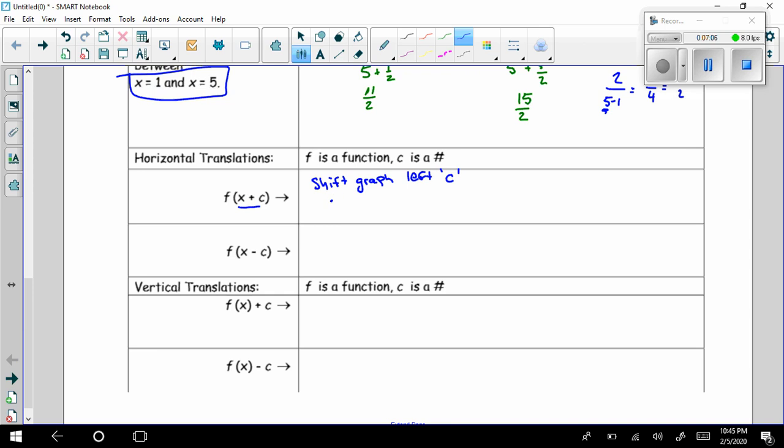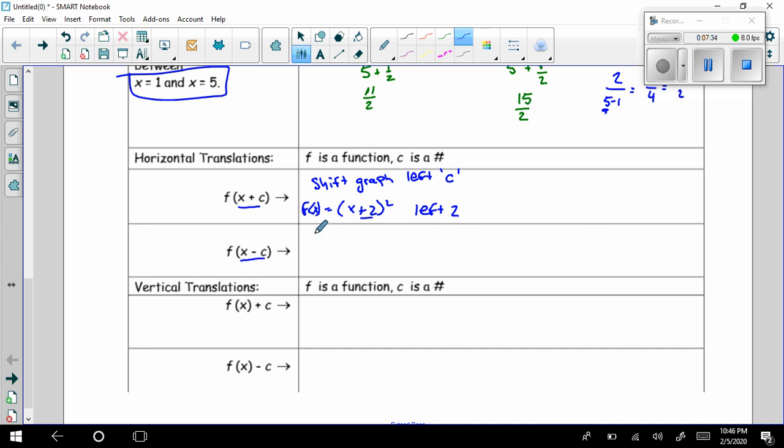And so for example, if you have f of x equals x plus 2 squared, this is going to go left 2, okay? A little bit against what we want to say since it's that plus sign, but that's the effect that it has because it flips it in there.